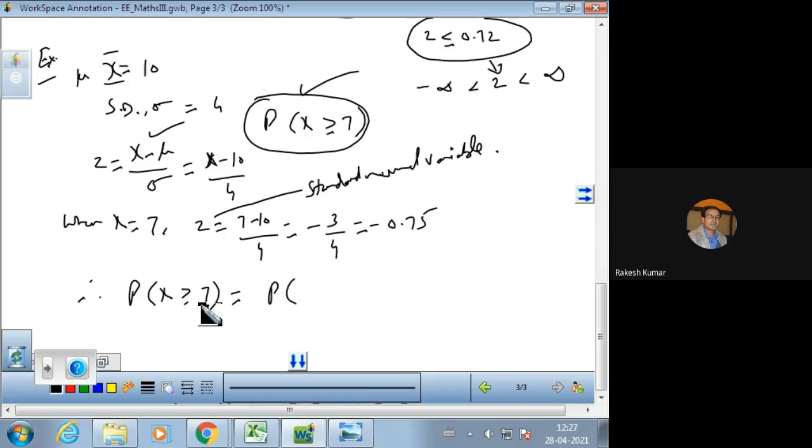So it means अब z में चले गए हैं, जब x को put कर दिया है तो अब z की value आ गई है, and your z is greater than or equal to negative 0.75.